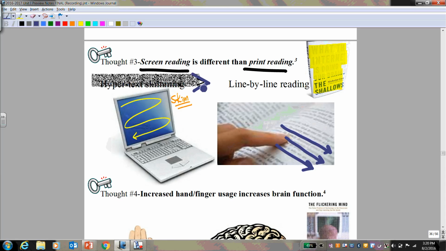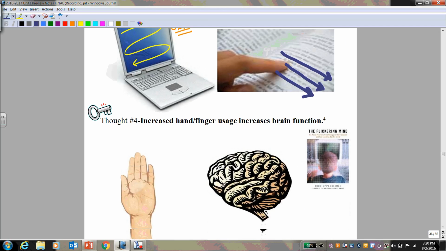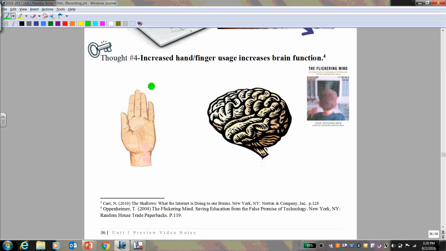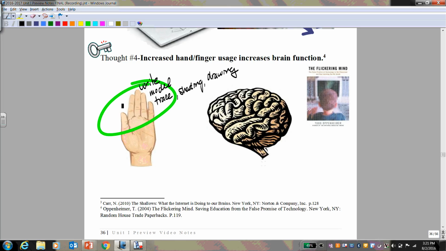Screen reading is different than print reading. Again, footnote. And the last key thought is that if you increase the use of processing information through your fingers physically by writing stuff out, by using models, by tracing, underlining, shading, drawing, again, all of this is physically working with your fingers on diagrams, then it's going to improve how your brain processes and comprehends information.